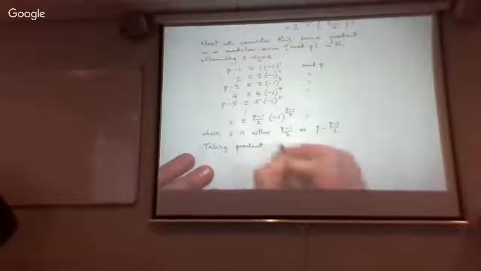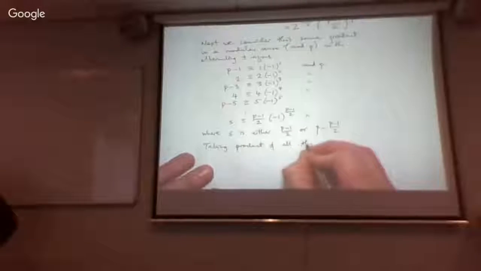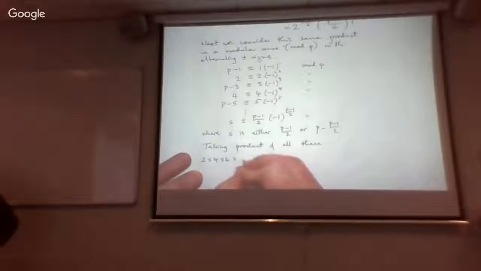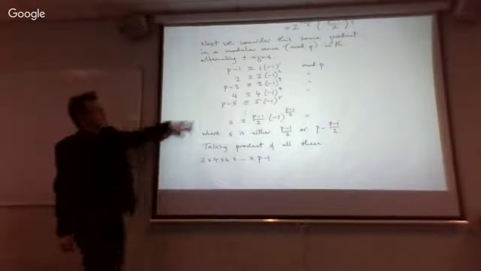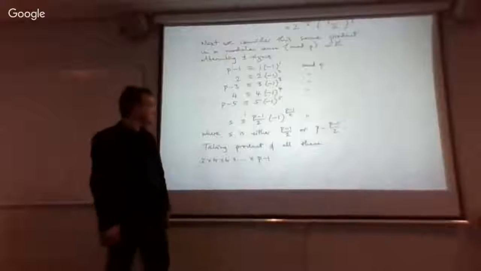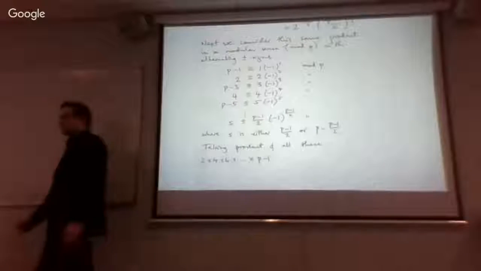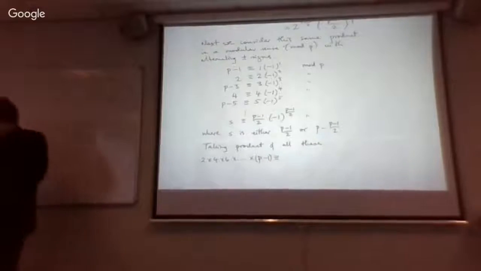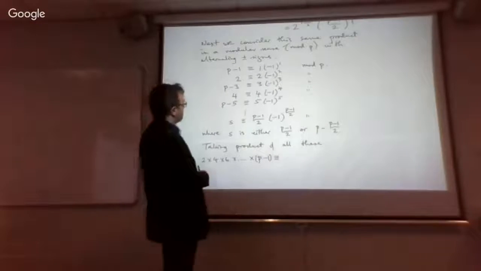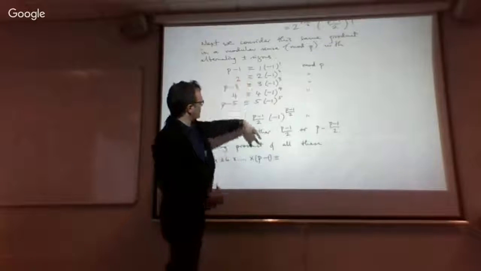Taking the product of all these, 2 by 4 by 6, all the way up as far as p minus 1. That's multiplying together everything on the left-hand side. It's not an equation now, it's a congruence. These are all congruence statements. So on the right-hand side, I've got the product of all these.